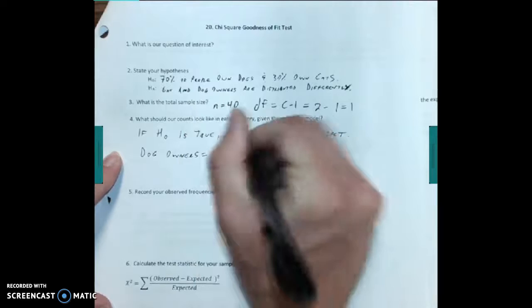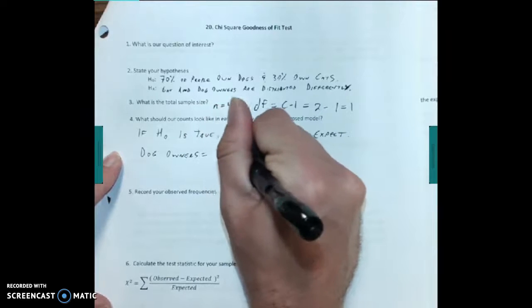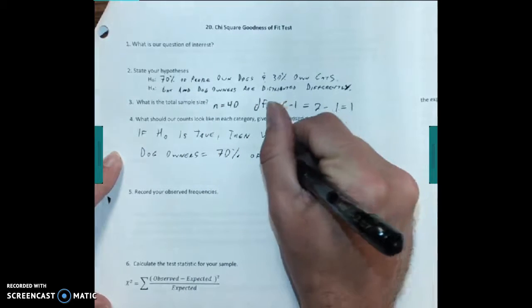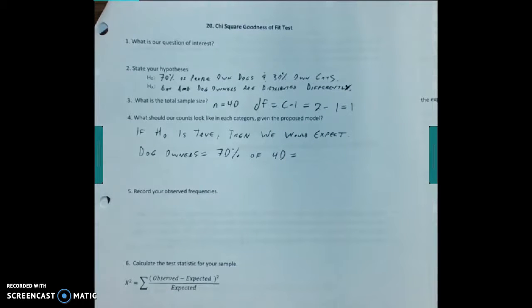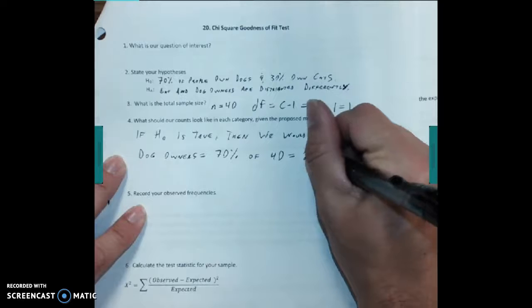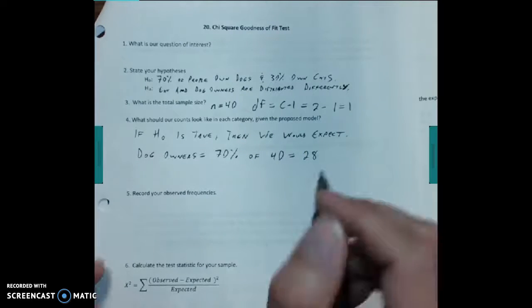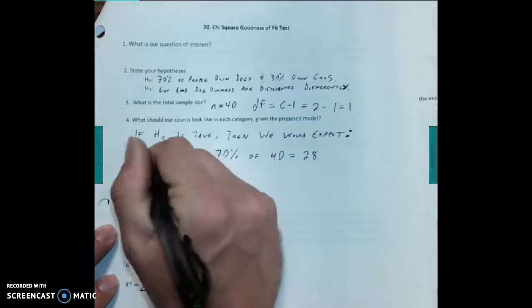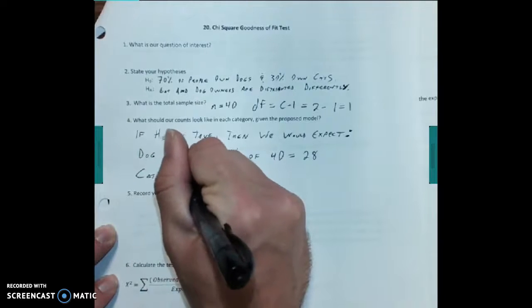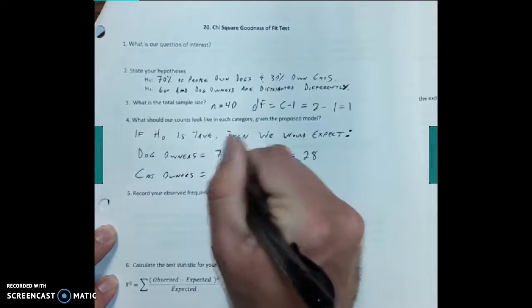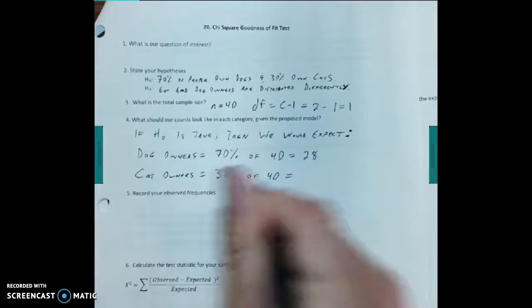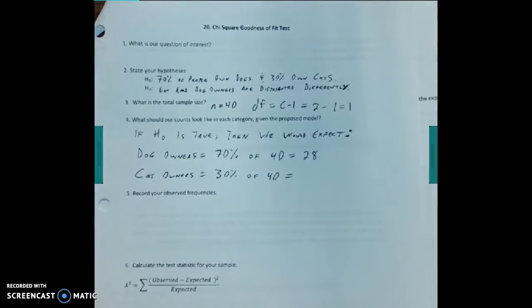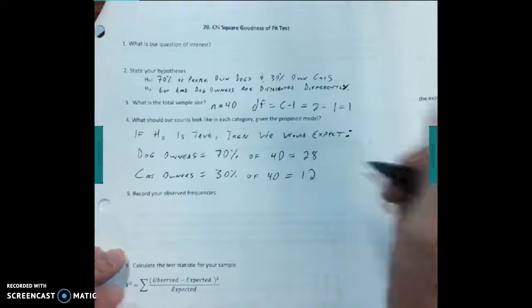Well, we would just take 70% of 40, or 0.7 times 40, so we would expect 28 dog owners. And how many cat owners would we expect? Well, we would want 30% of 40, which is 0.3 times 40, or 12.